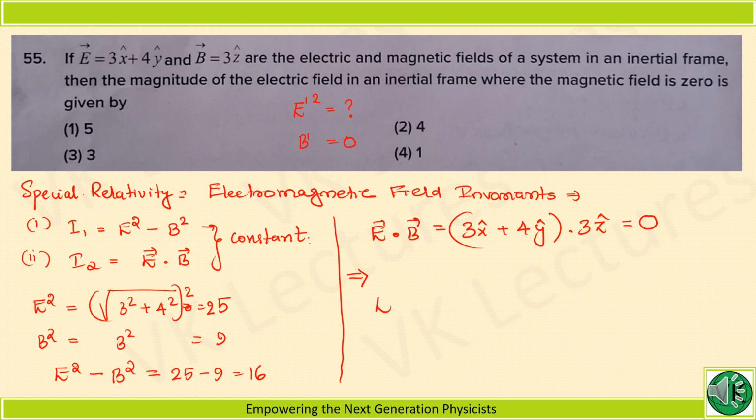So E′² minus B′² equals 16. Now we already know B′ is 0, so E′² equals 16, which means E′ is equal to 4.